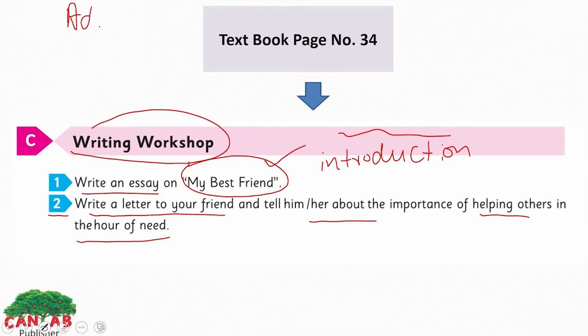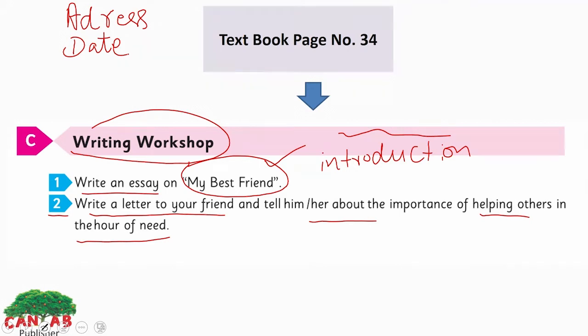First, the address of your friend, then the date. You're writing a letter to your friend, so it is informal writing, in which we write to our friends, classmates.